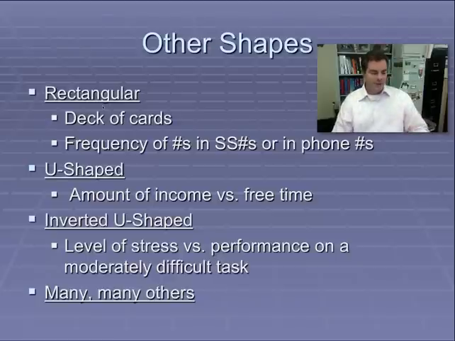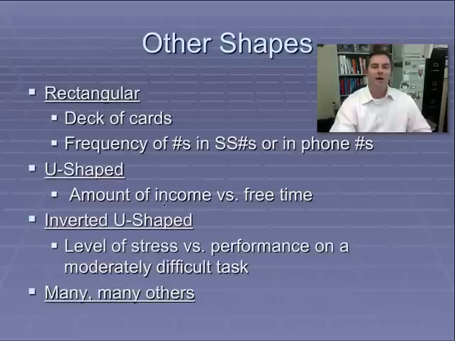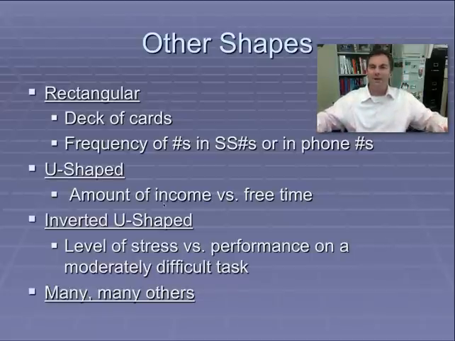Let's move on. A couple other interesting ones are U-shaped and inverted U-shapes. An example of a U-shaped distribution will be income versus free time. Hold on, I'll show you an example of that in just a second. You could turn that U upside down and call it an inverted U shape, and it's kind of like a normal distribution, but not so sloping outward at the tail.